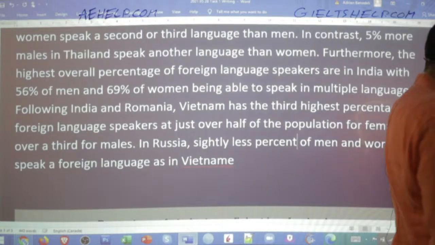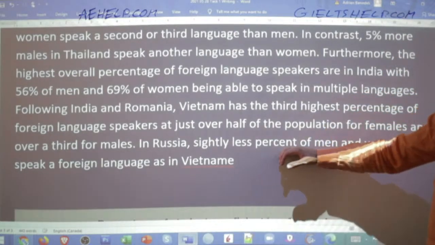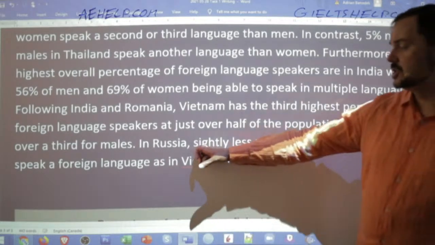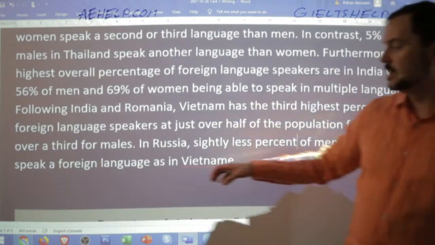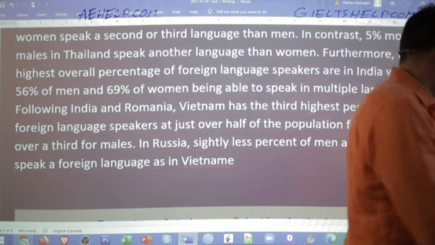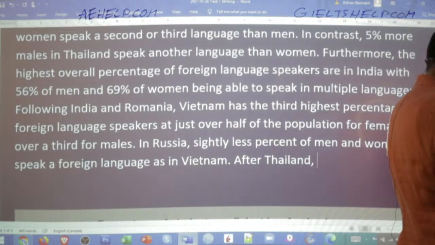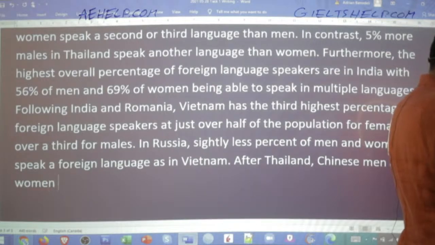Notice how I changed number to percent, because percent is not a number, okay? Percent is relative, right? A number is absolute. So in Russia, slightly less percent of men and women speak a foreign language as in Vietnam. Okay. After Thailand, okay.